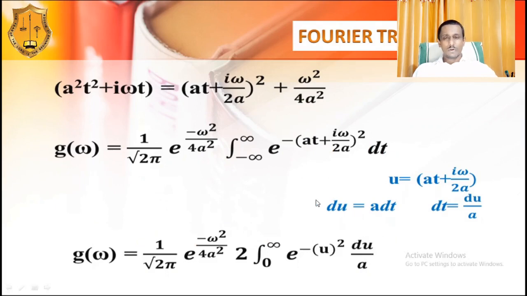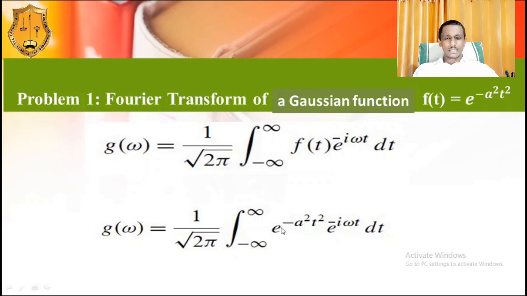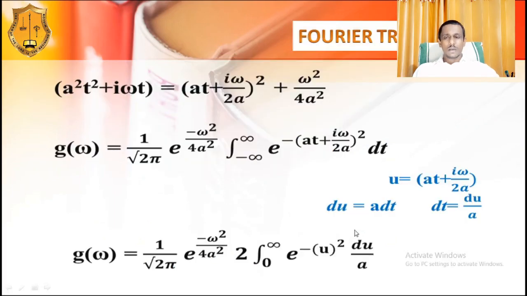Now we have the terms e raised to minus a squared t squared and e raised to minus iωt, which can be combined together as e raised to minus (a squared t squared plus iωt). We have to rearrange this a squared t squared plus iωt before our integration. Now we have (at plus iω by 2a) the whole squared, which is equal to a squared t squared, that is here, plus 2 into at into iω by 2a.